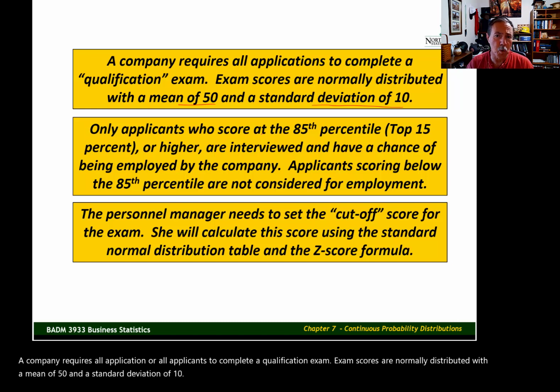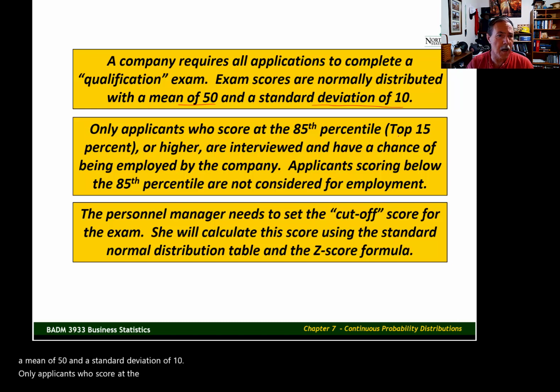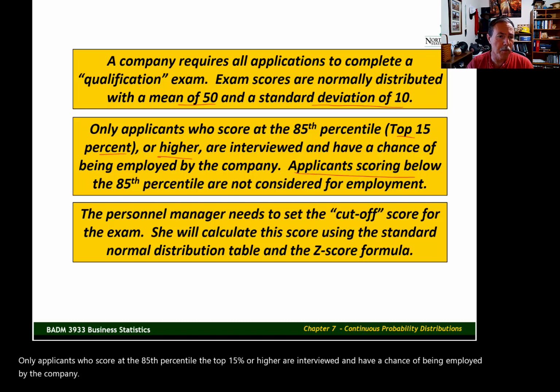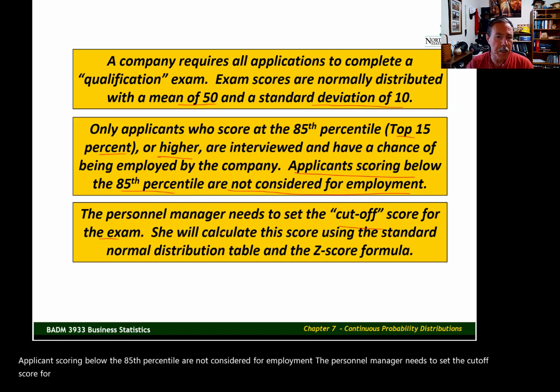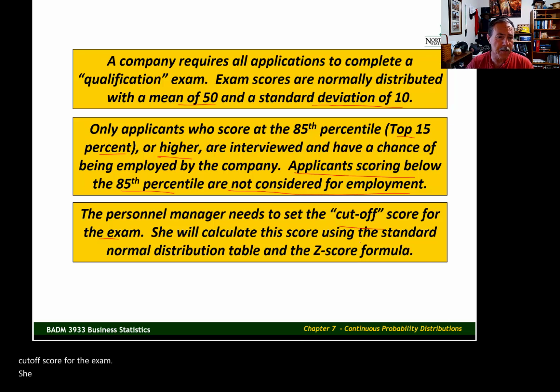Only applicants who score at the 85th percentile, the top 15% or higher, are interviewed and have a chance of being employed by the company. Applicants scoring below the 85th percentile are not considered for employment. The personnel manager needs to set the cutoff score for the exam. She will calculate this score using the standard normal distribution table and the z-score formula.